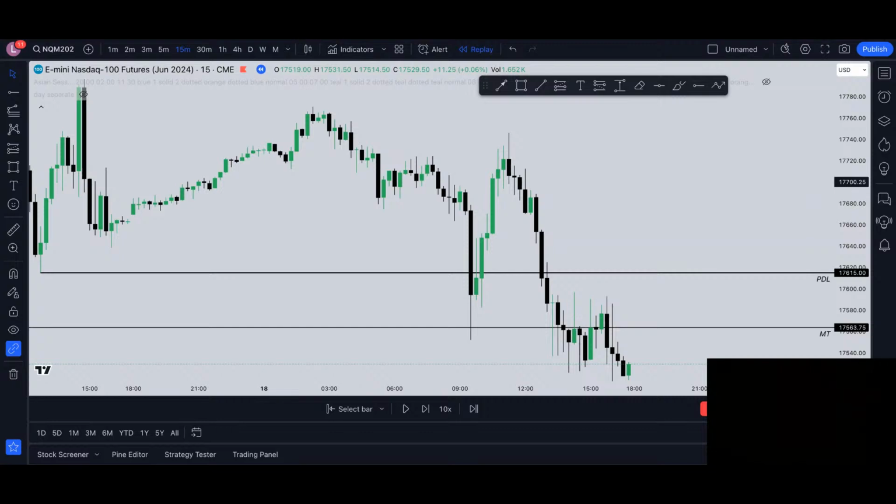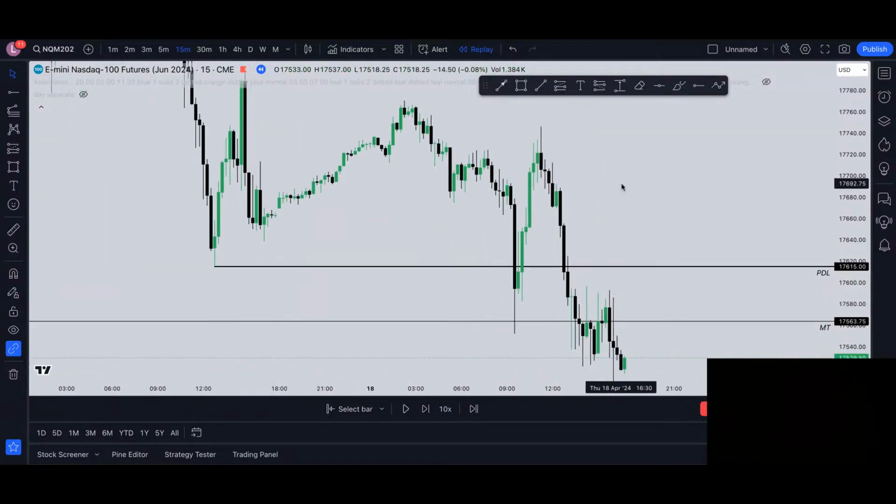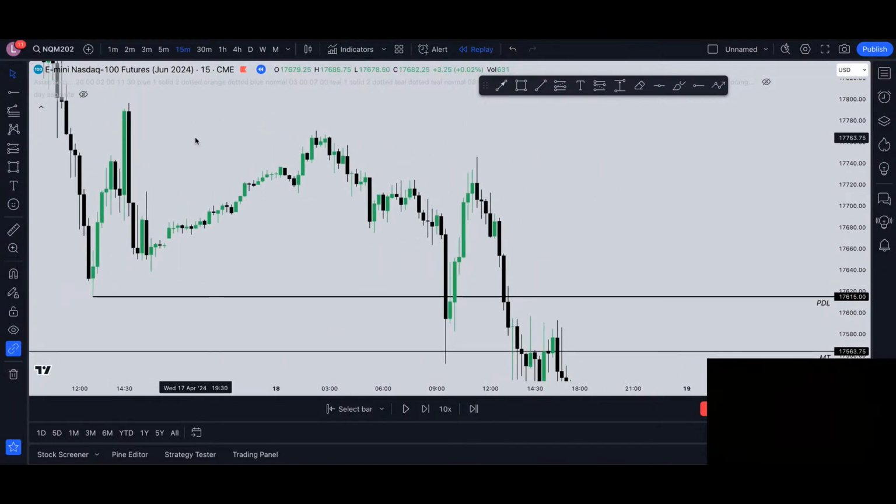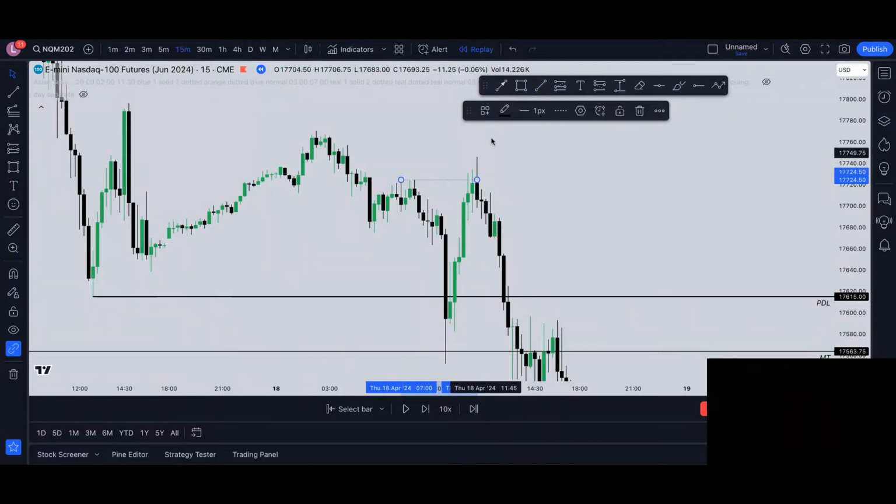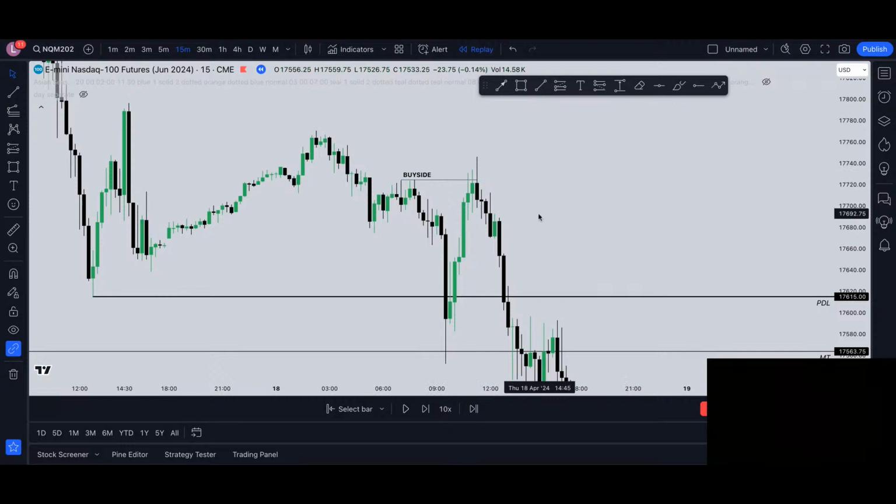Give me a second. We can clearly see equal highs buy side.